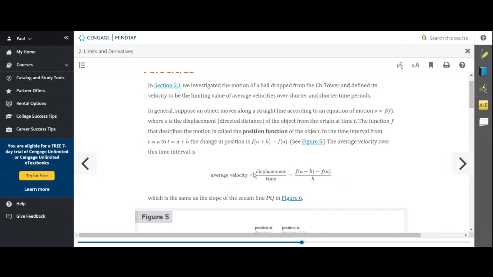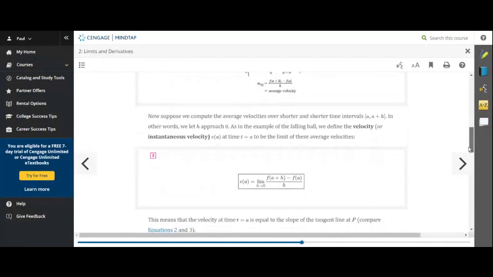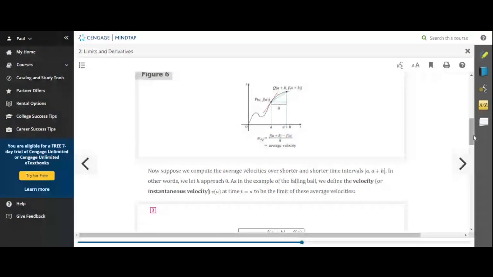Well, the point is, the way average velocity is defined, you have this quotient, and if we let h go to 0, the instantaneous velocity would be what we're finding, and that instantaneous velocity is going to be the slope of the tangent line to the curve at time equals a.